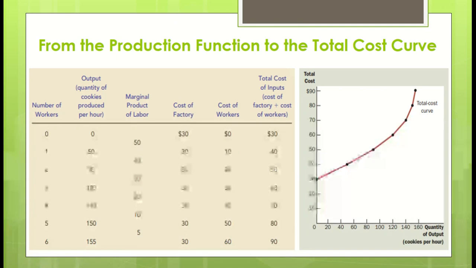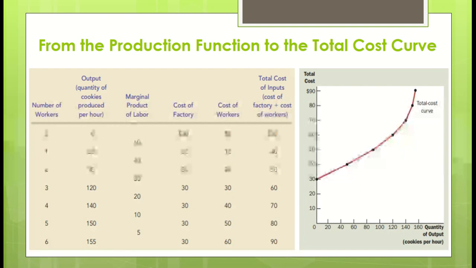In the next column there is the cost of workers, and it is increasing with every additional labor. You can see first it is $0, then $10, then $20, 30, 40, 50, and then 60. That means it is increasing with every additional labor.